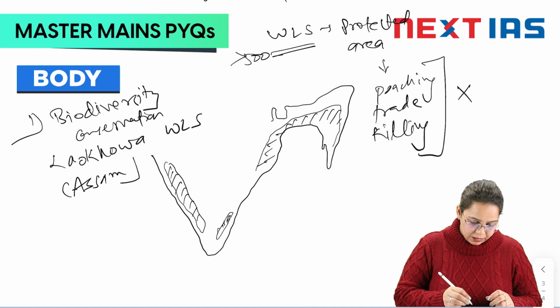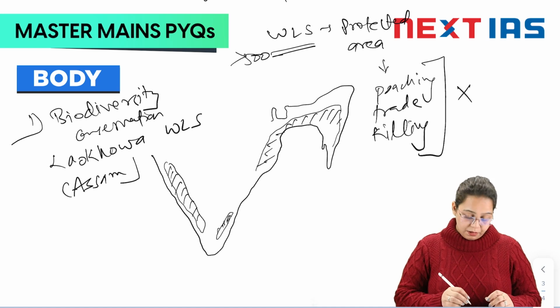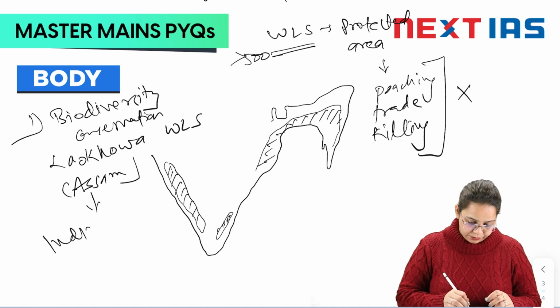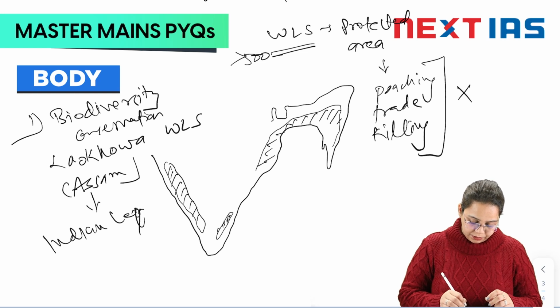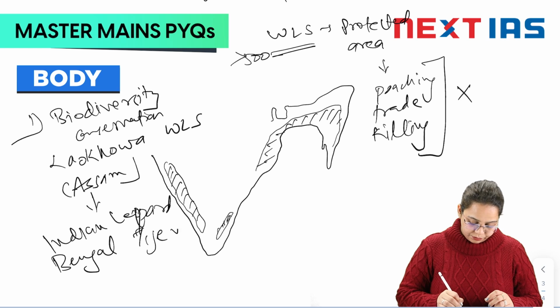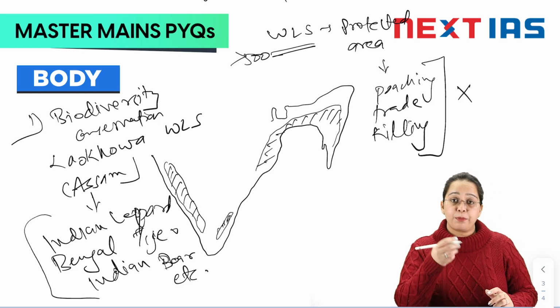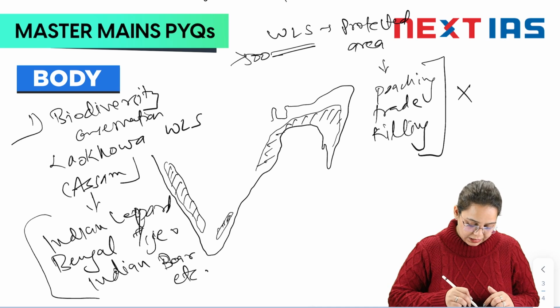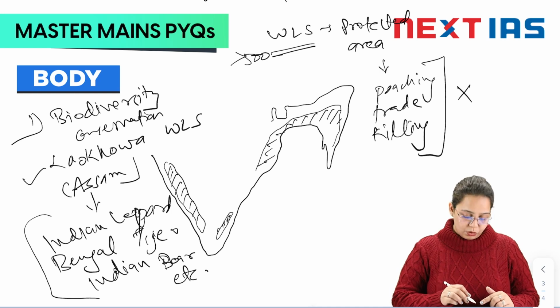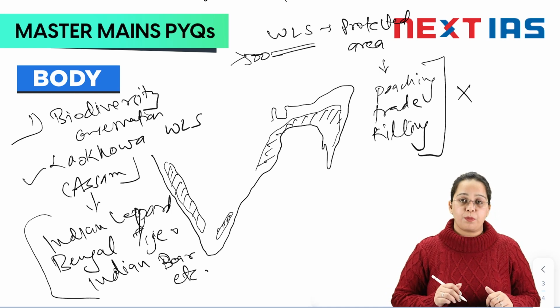In Assam, conservation of the Indian leopard, Bengal tiger, and Indian boar, etc. is done. So these species are protected in this wildlife sanctuary. So biodiversity conservation is the point.